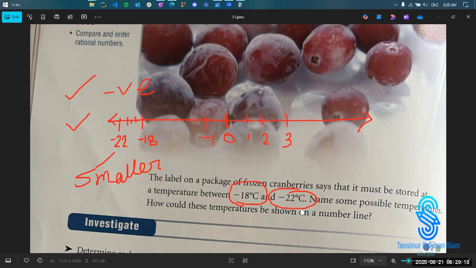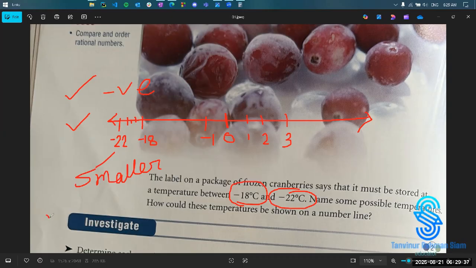One is that both of them are negative numbers. After that, we figured out that on the number line -22 is situated on the left side, before -18, and that's why it is the smaller.